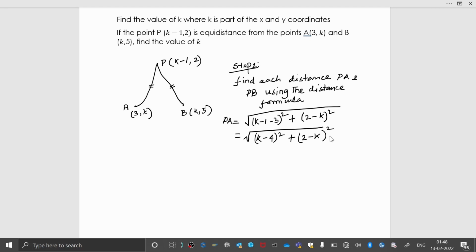This we consider to be equation 1. Similarly, let's find PB.